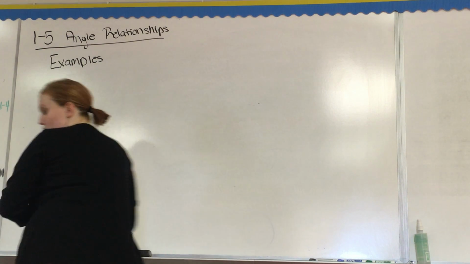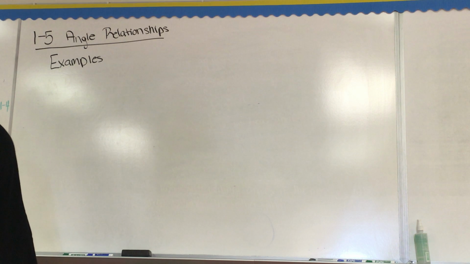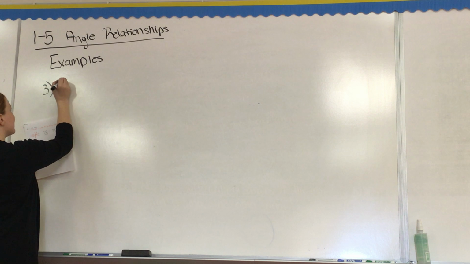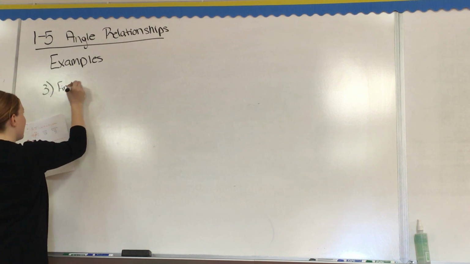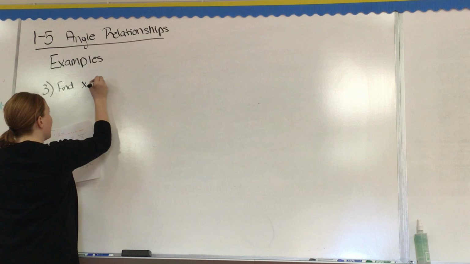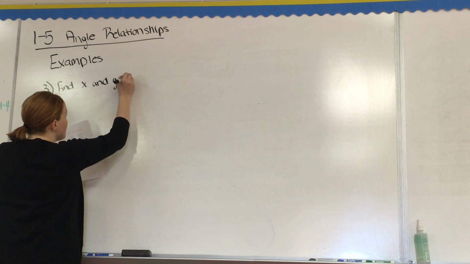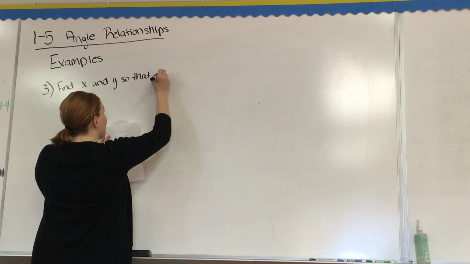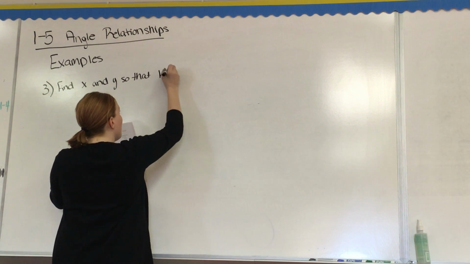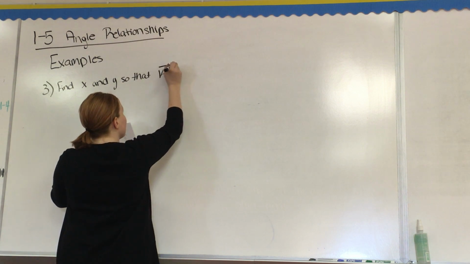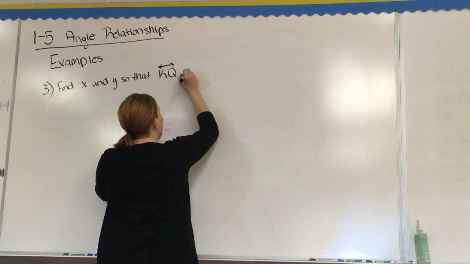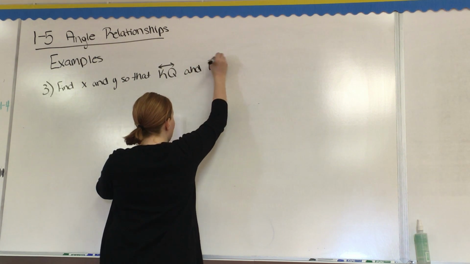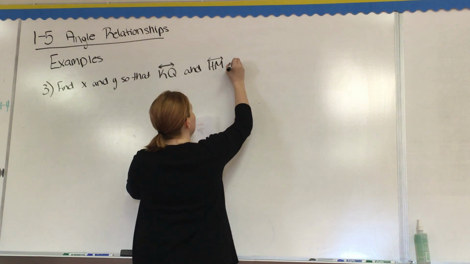Okay, so our next example is example 3, and it says find x and y so that the line KO and HM are perpendicular.